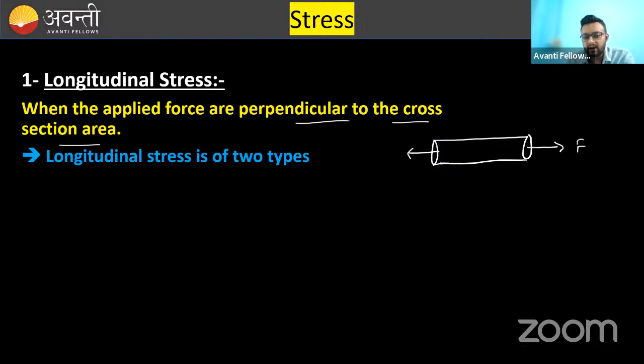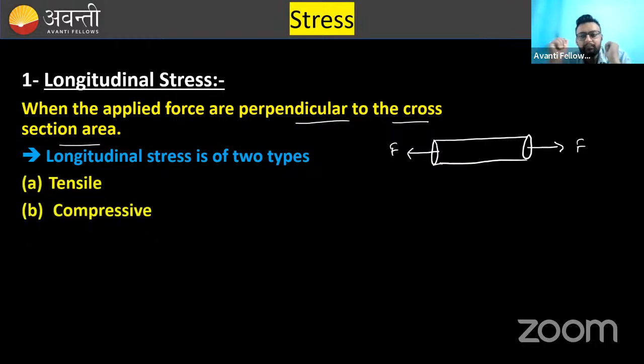These forces are perpendicular to the cross section area. So the stress in this case is known as longitudinal stress. And this longitudinal stress may be of two types. Either these forces are pulling the body, or these forces are compressing the body. So this stress is again of two types: tensile and compressive.